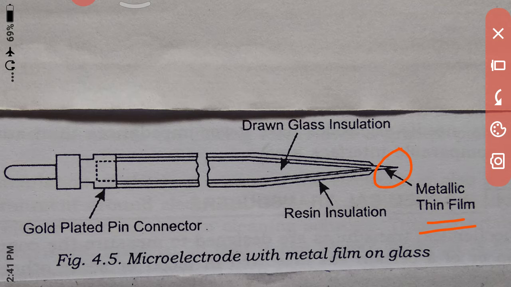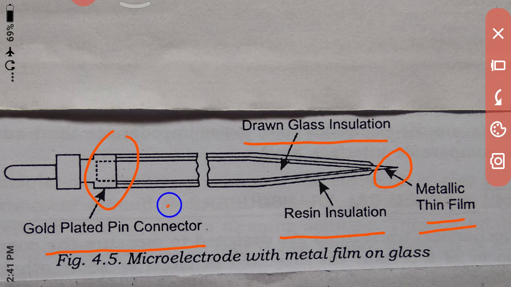This is one type of process, and subsequently the wire is coated almost to the tip with insulating material, like drawn glass insulation and resin insulation for protection from the external environment. Finally, a gold plated pin connector is used for interfacing with other computers. This pin is for connecting and disconnecting, and it also interfaces into the remaining thin metal film of the microelectrode part.